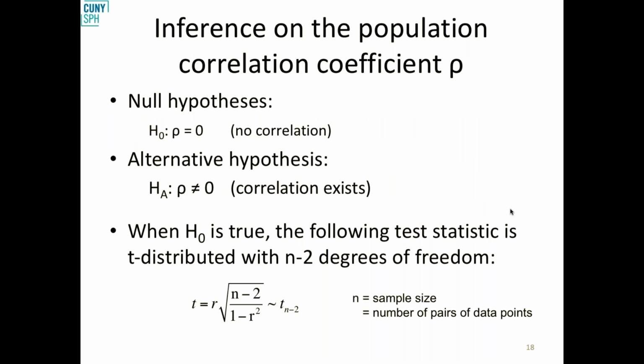A correlation exists. Notice, and I've noticed this occasionally, you guys fall back, we're not saying that R is equal to 0 in our null hypothesis. We always use the population term in the hypothesis. In other words, mu is equal to something, mu1 is equal to mu2, not x bar is equal to.